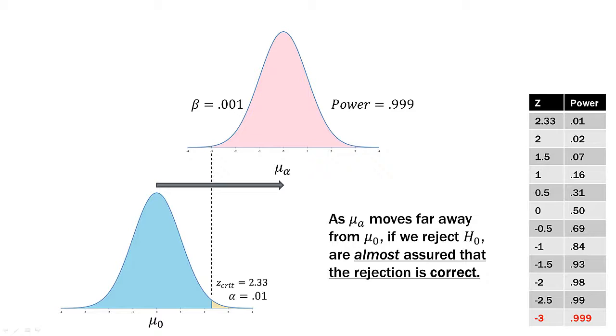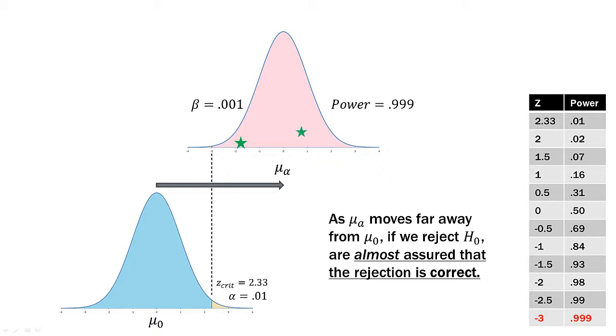So how can we interpret this in terms of our hypothesis? As our alternative population mean, so mu sub a, moves further away from our hypothesized mean, if we reject the null hypothesis, we are almost assured that that rejection is correct.